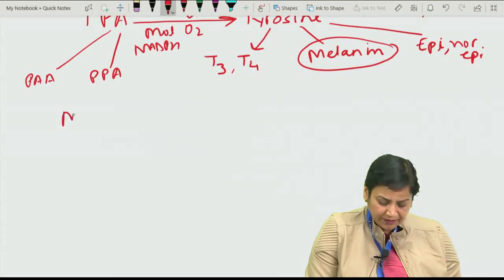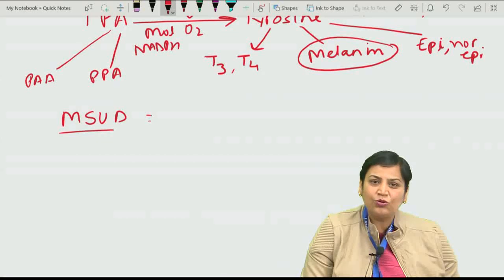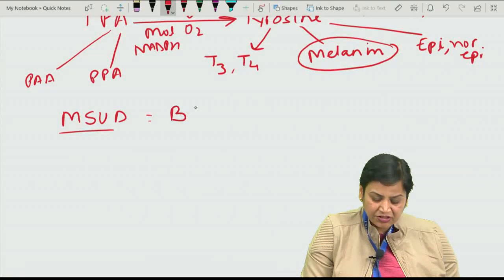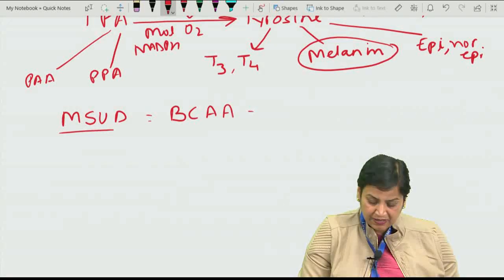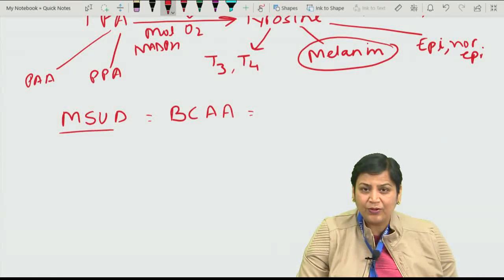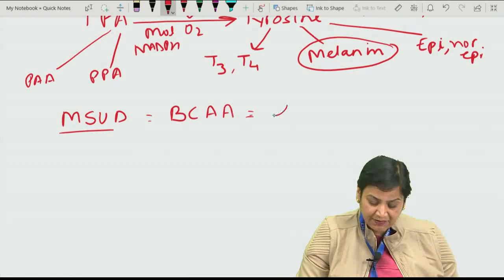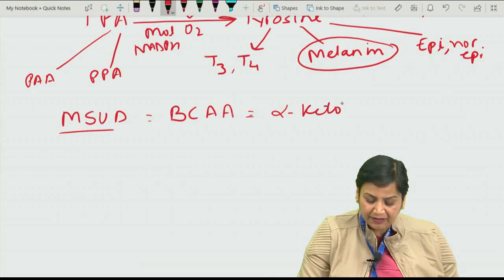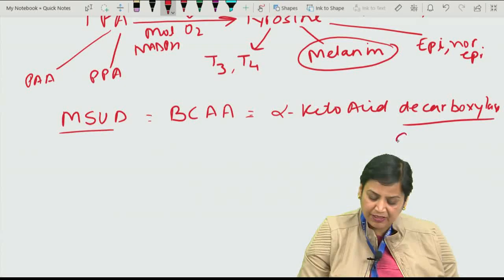Say MSUD. MSUD is what? Maple syrup urine disease. It is mainly due to the branched chain amino acids, and branched chain amino acids are valine, leucine, isoleucine, and the deficient enzyme is alpha keto acid dehydrogenase, or it is decarboxylase or dehydrogenase.